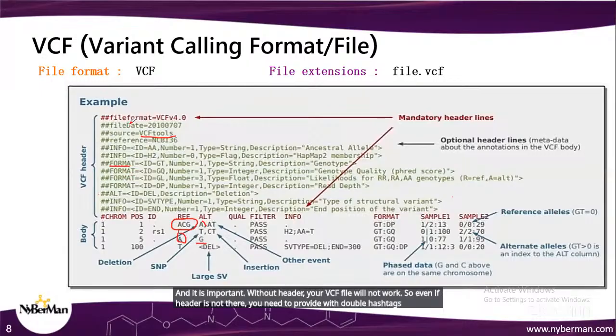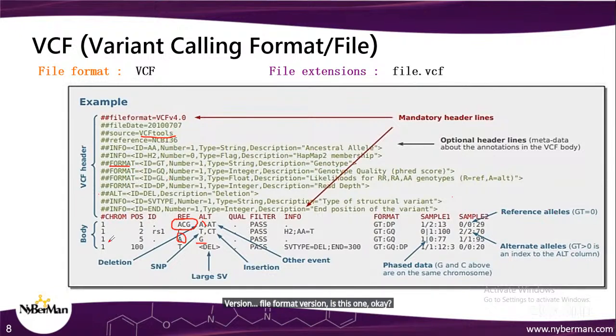At least one line of header is important. If more information is there in the VCF file, it is better for your data. But if not, then to use any VCF analysis tool, you need to provide at least one line of header for the file format. You can mention which VCF file format version this one is.